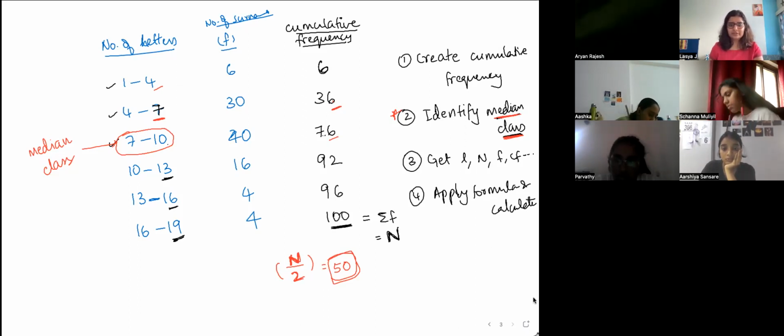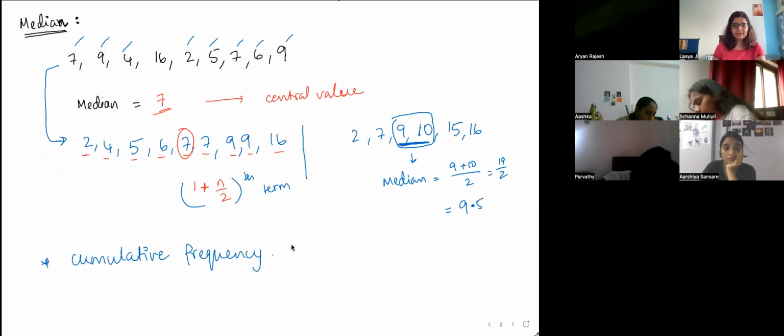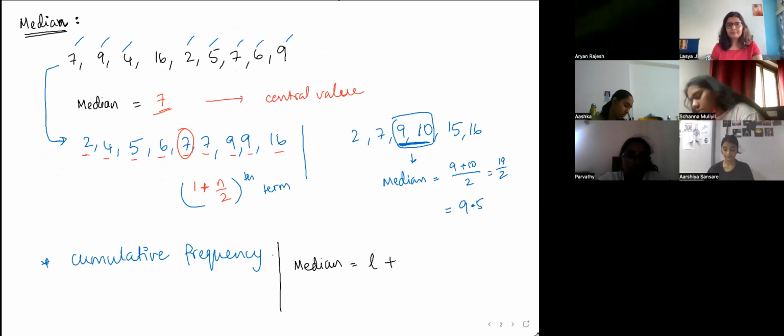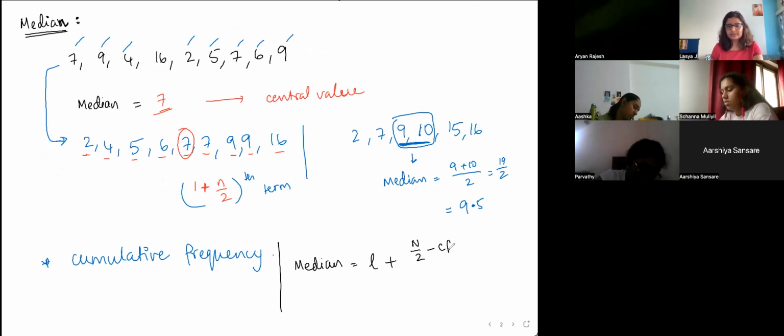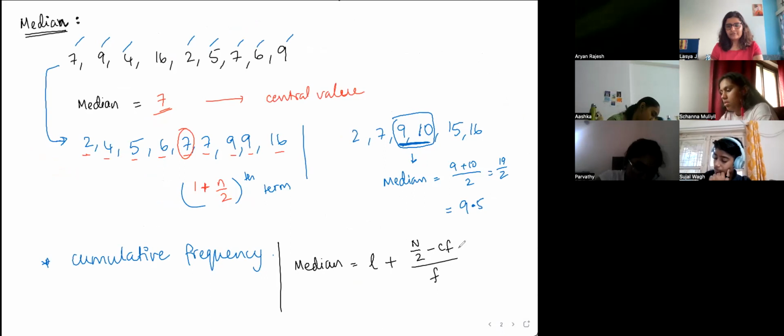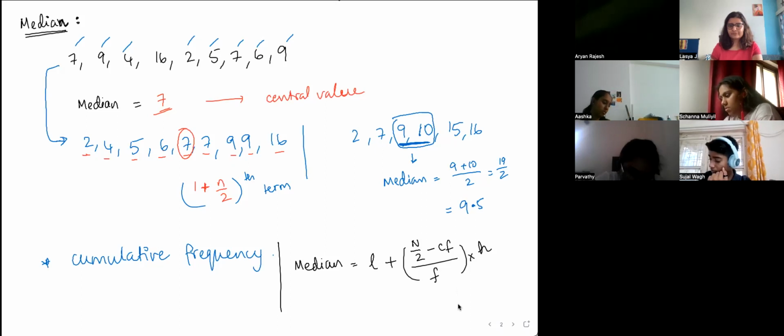Shall we discuss the formula first? So the formula for median, similar to mode: L plus n by 2 minus CF divided by F, multiplied by H. Okay.